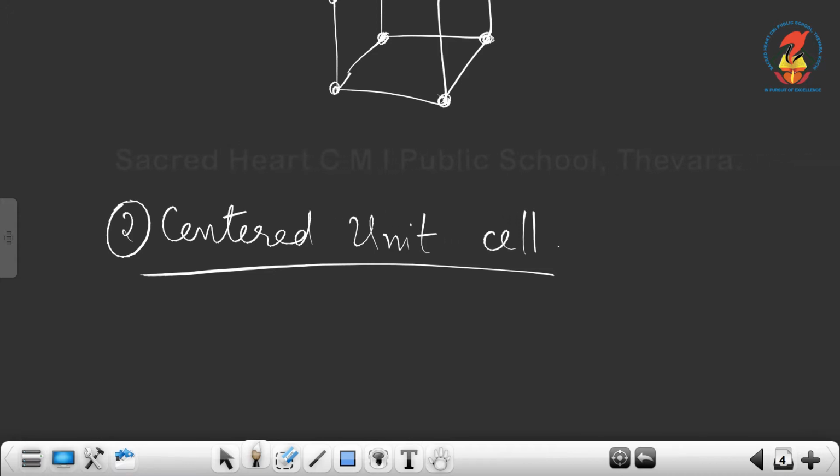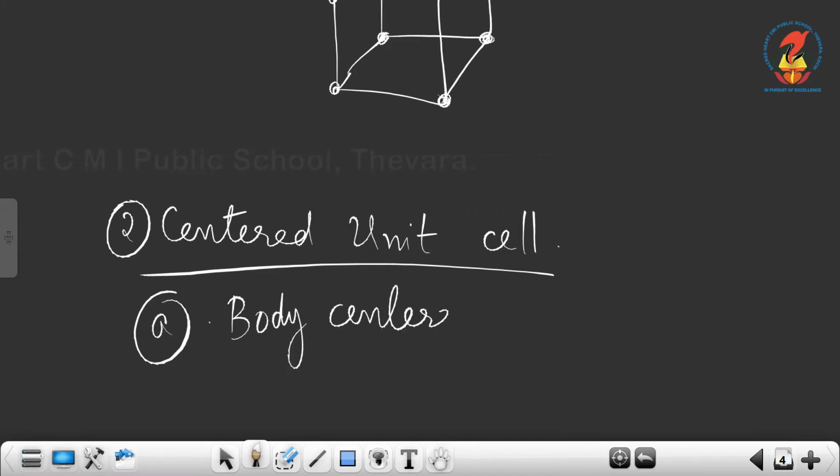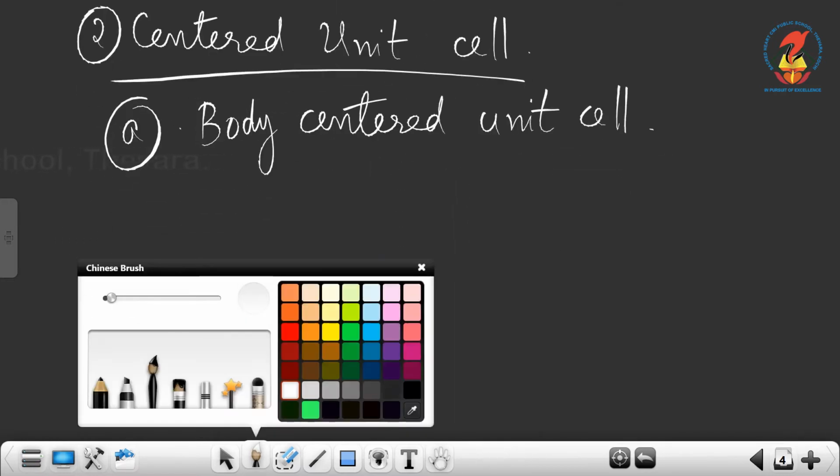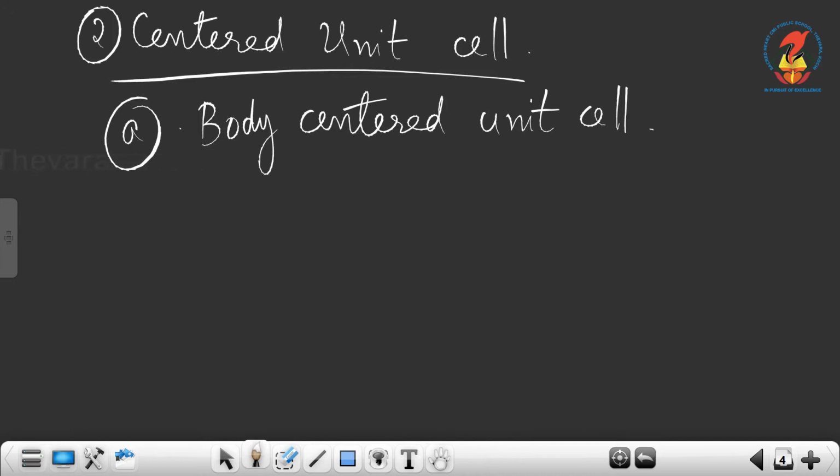Now centered unit cells are divided into 3 types. The first one is body centered unit cell. In body centered unit cell, the constituent particles are placed at the corners, plus they are also present at the center of the body or body center.